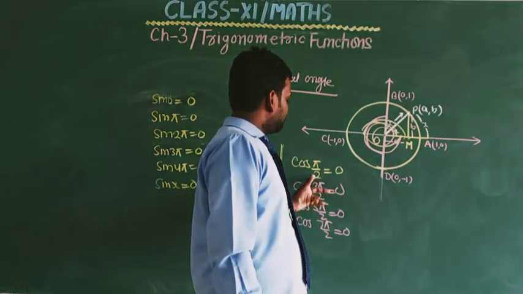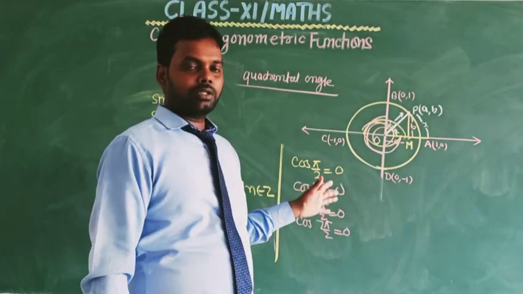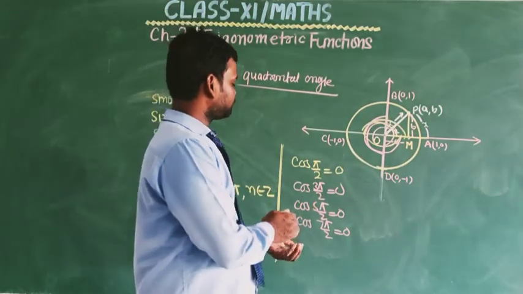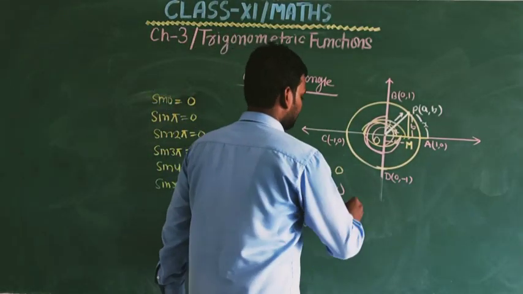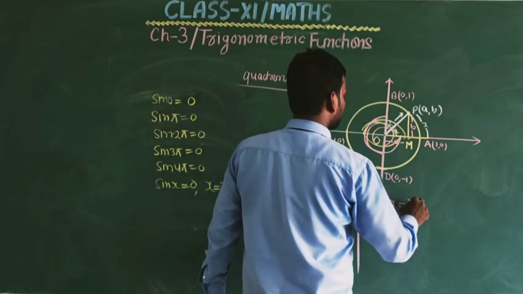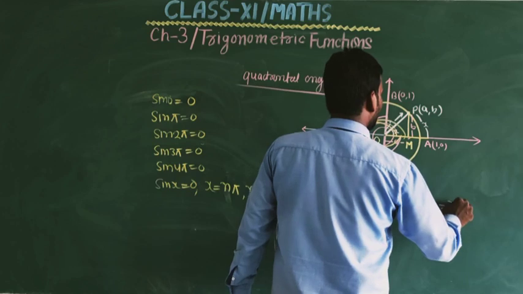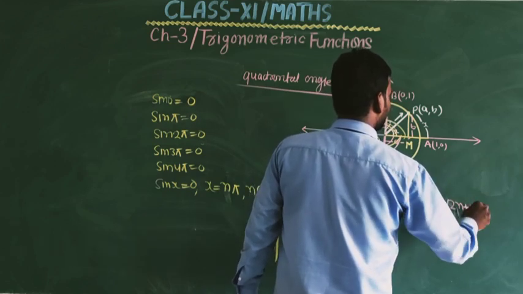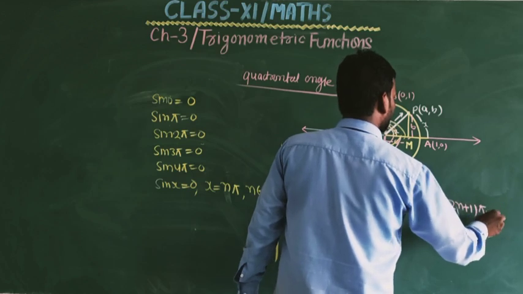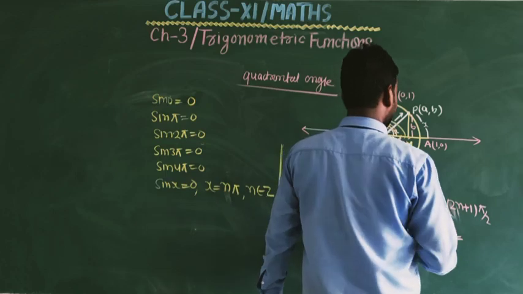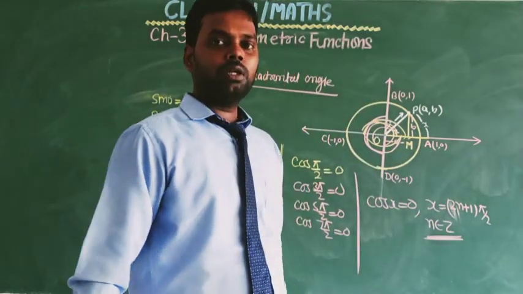So we can write cos x equal to 0 where x is an odd multiple, odd multiple meaning (2n plus 1) pi by 2, where n belongs to integers.